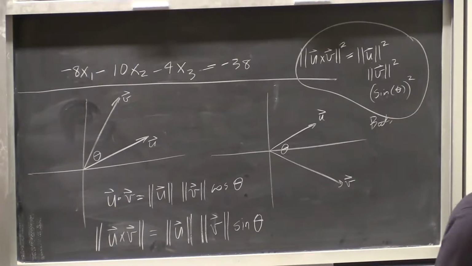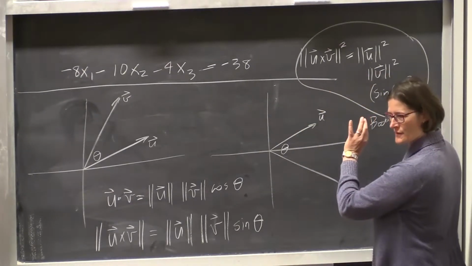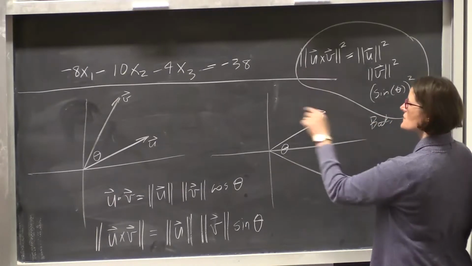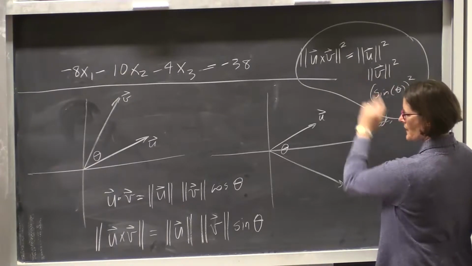So can anybody tell me why the book would have done things in terms of squares instead of just lengths? Because if you do it this way, you never see a square root. You just do blah, blah, blah, and you don't have any square roots.